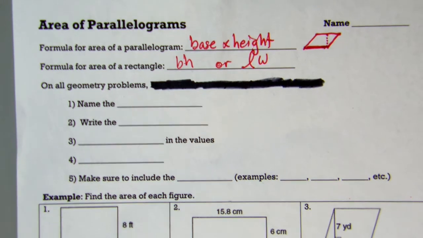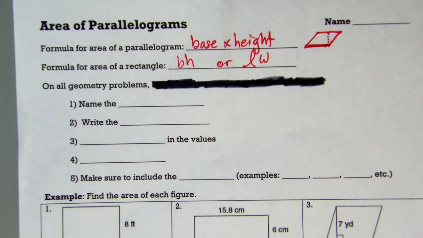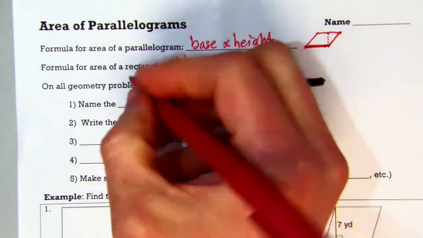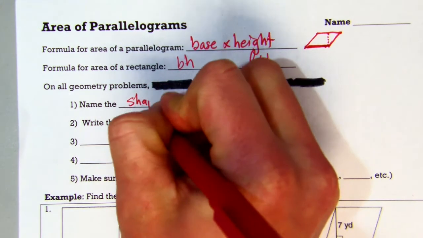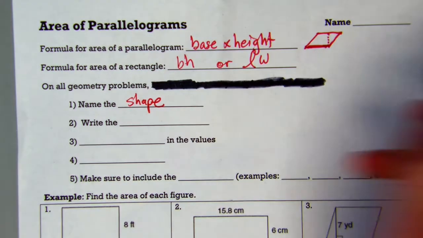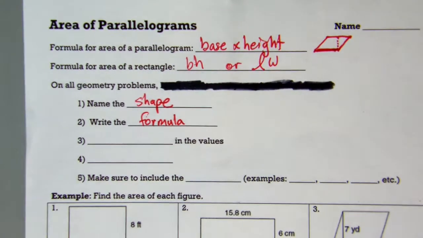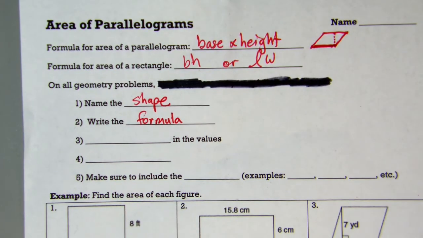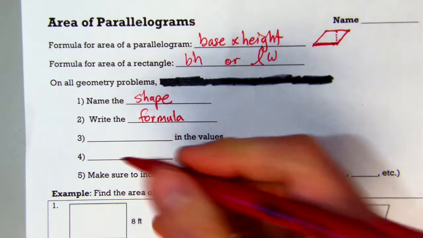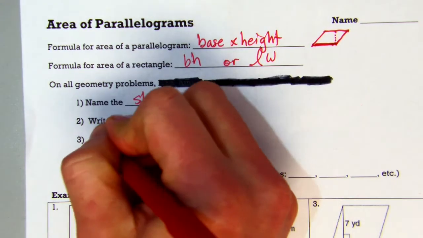Alright, so on all geometry problems, you need to make sure that we name our shape. We're going to go ahead and write our formula. The more we write our formulas, the easier it's going to be for us to remember them. We're going to go ahead and fill in the values or substitute the values.